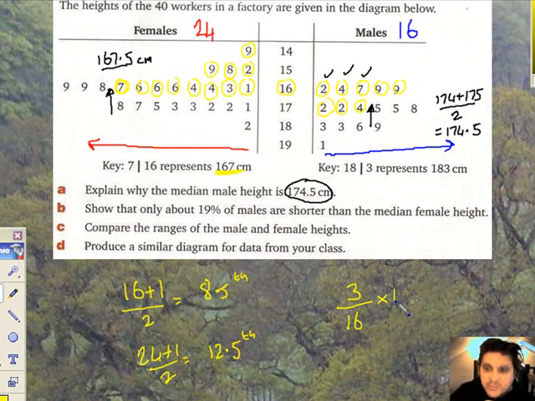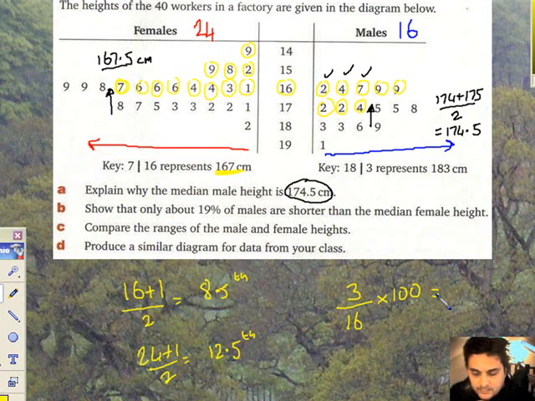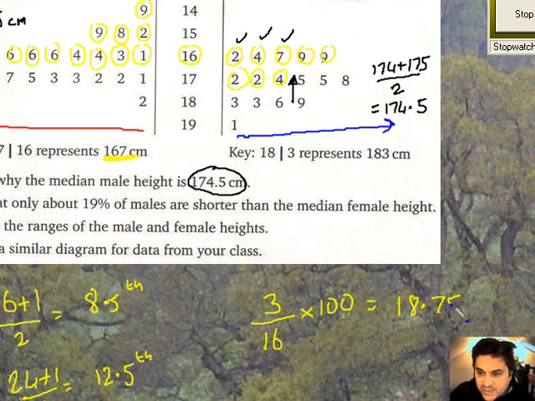So I change that into a percentage by multiplying by 100. Grab my machine. 3 divided by 16, multiply by 100. I've got an answer of 18.75%, and that's approximately equal to 19%, and therefore I've proved it.